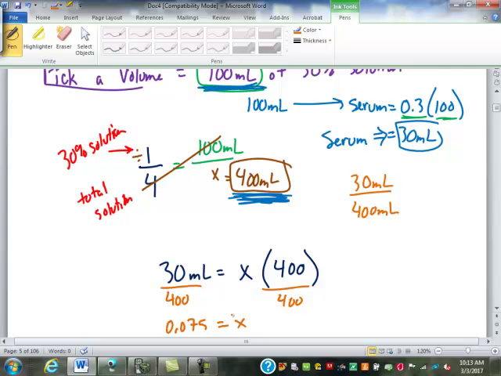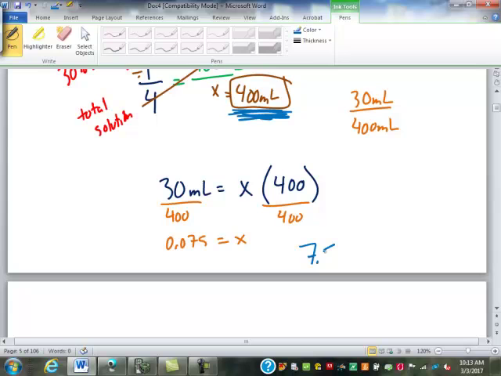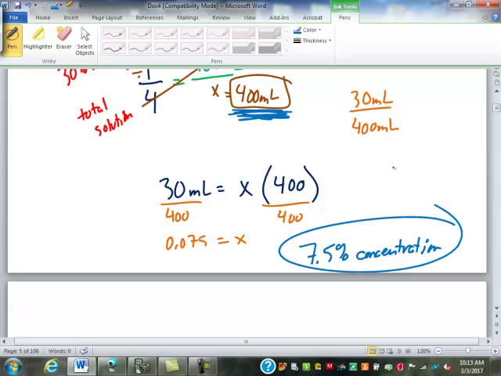So X is 0.075, or that is a 7.5% concentration now. So by doing that 1 in 4 dilution, we diluted that solution from 30% down to 7.5%.